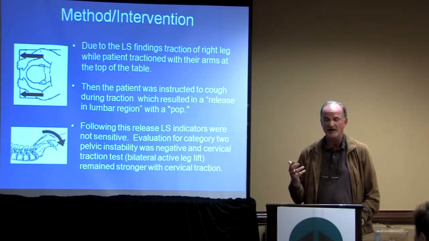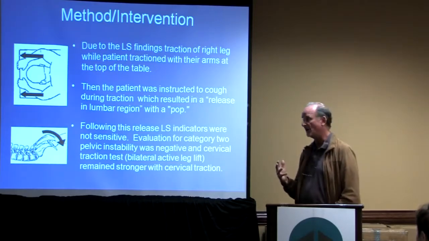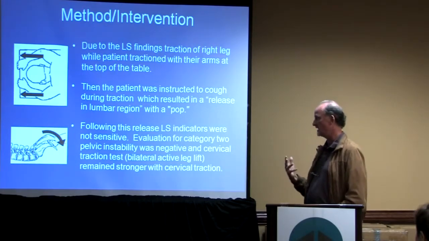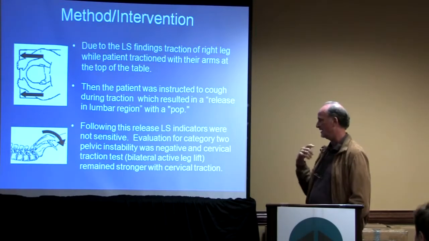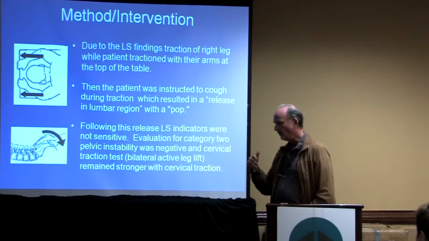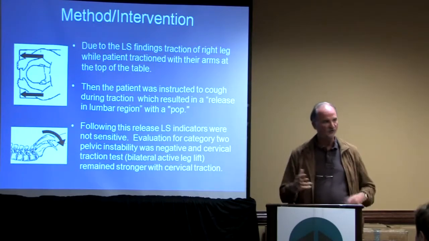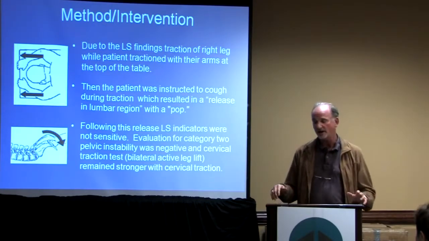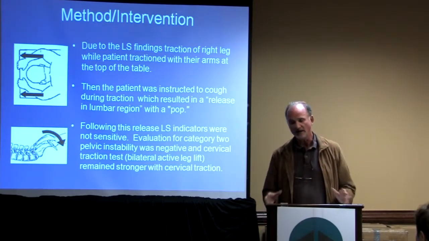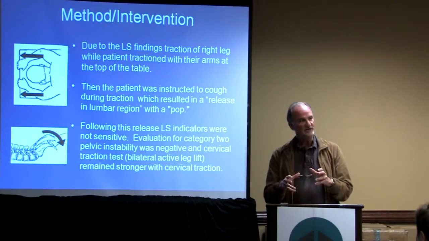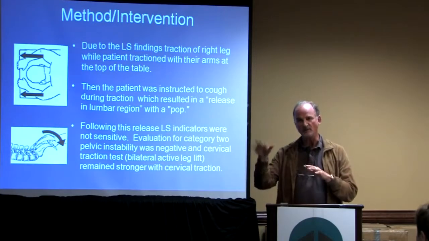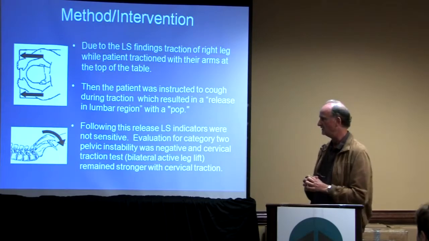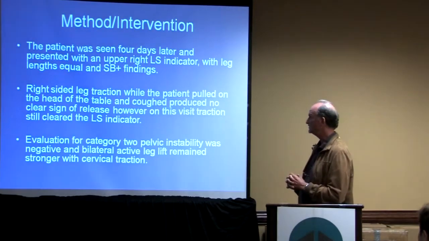You may not find it every time, but sometimes it's really obvious and it's satisfying to the patient and of course me. When I then flipped them over, after this release and the sciatic indicator going away, I was able to then do the traction and the compression test, and they were able to lift up their legs more effectively in both ranges.